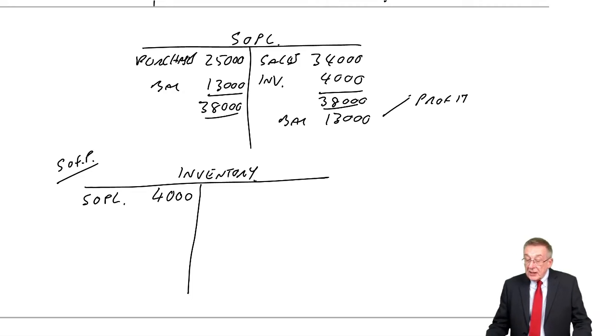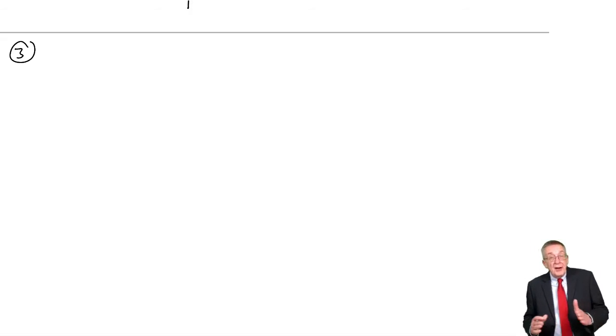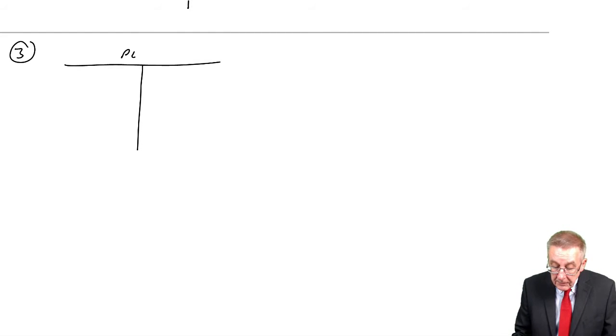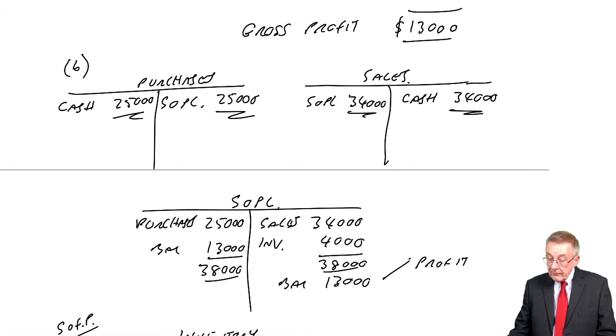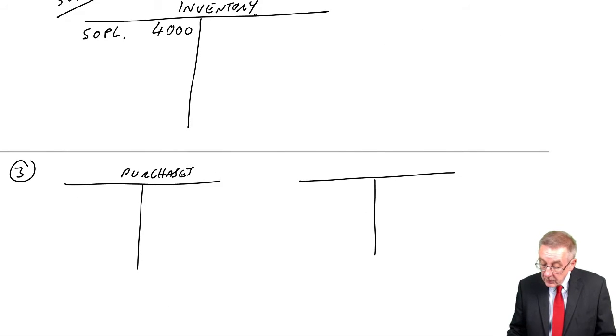However, for completeness, one last example, example 3. Now it's the same business, but in the following year, in the third year. And so do remember, at the end of the second year, we did have a purchases account, but the balance there was 0 at the end of the year. And similarly a sales account, but again, the balance was 0.